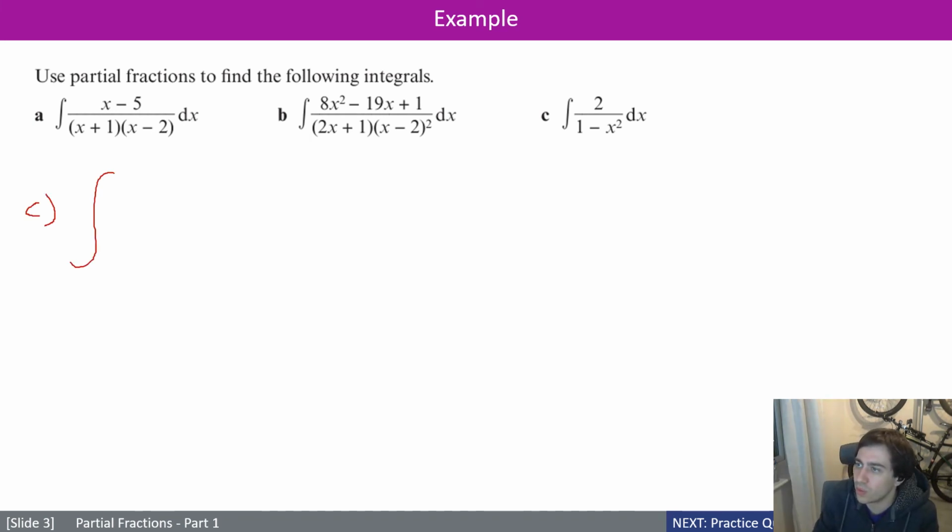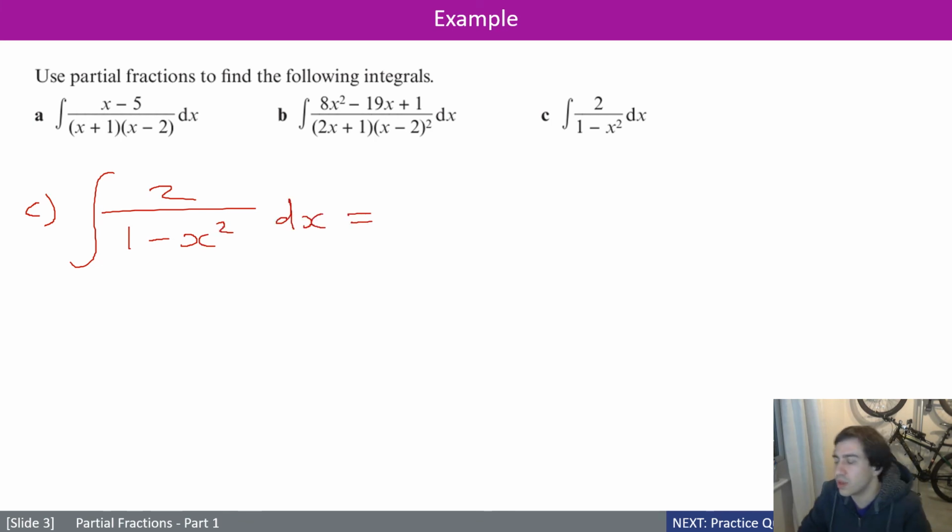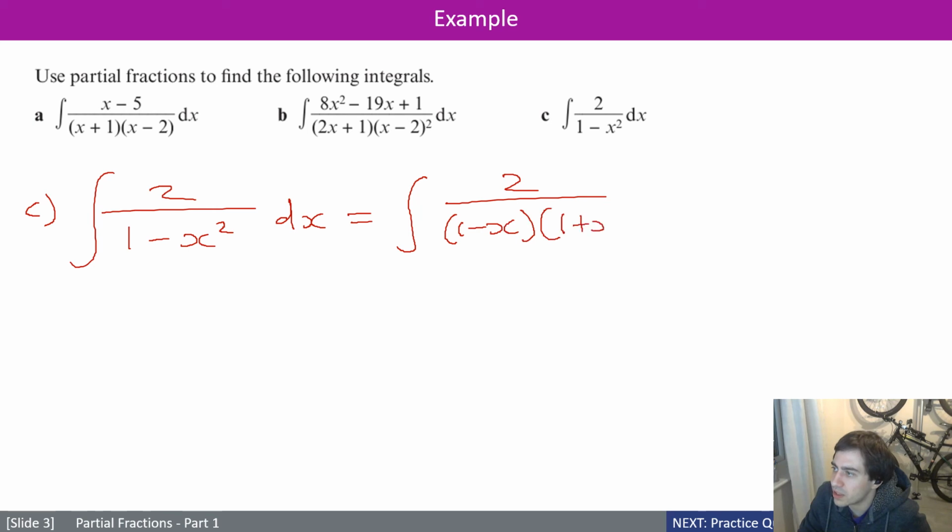So what we should do is, and you're going to have to spot this in the wild yourself, convert that immediately into 1 minus x times 1 plus x. Okay, so difference of two squares, a squared minus b squared is a minus b times a plus b. Okay, and then we're going to split that into the partial fractions.